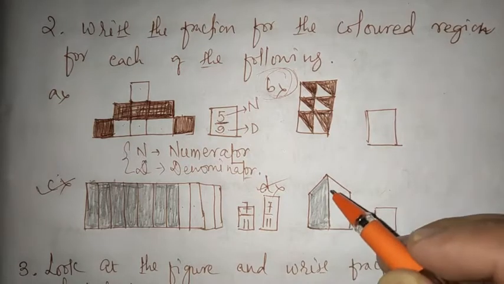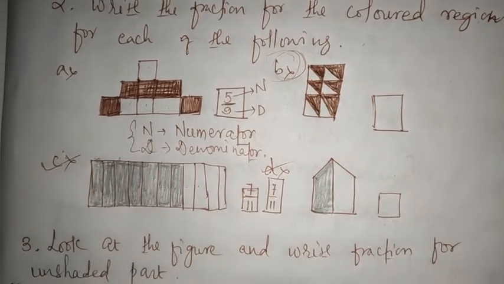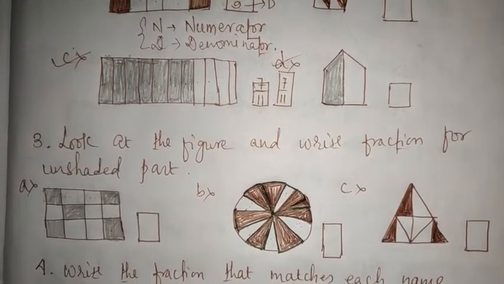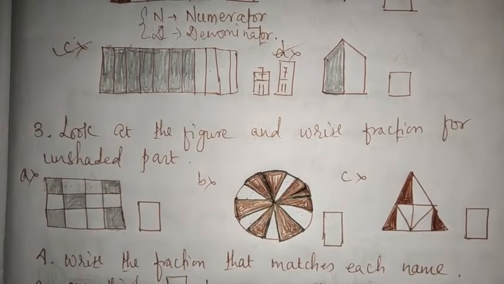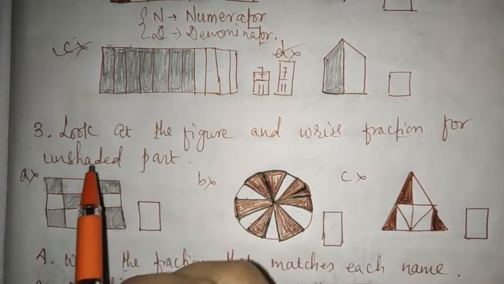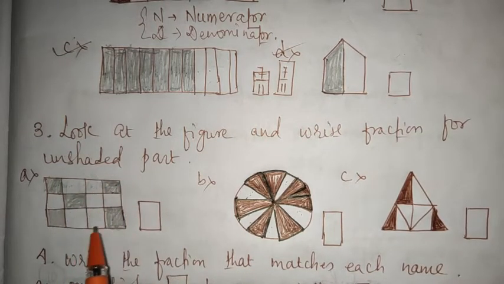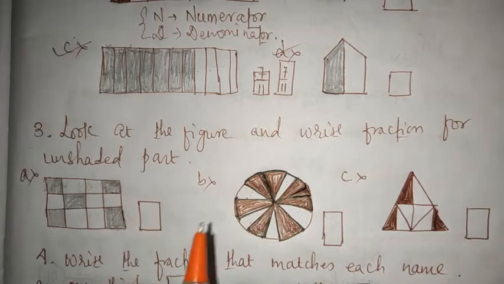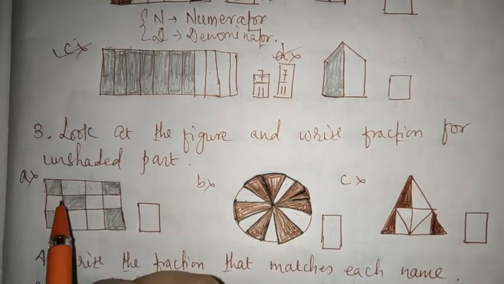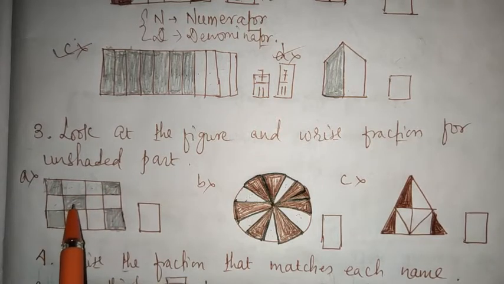Enjoy doing this. Okay, proceeding to question number 3, we have: look at the figure and write the fraction for the unshaded part. Now here you have to count the unshaded part, not the shaded part. But first of all, count the total number of squares or rectangles, whatever you want to call them. 1 2 3 4 5 6 7 8 9 10 11 12.